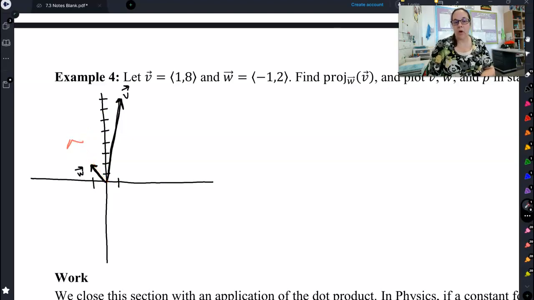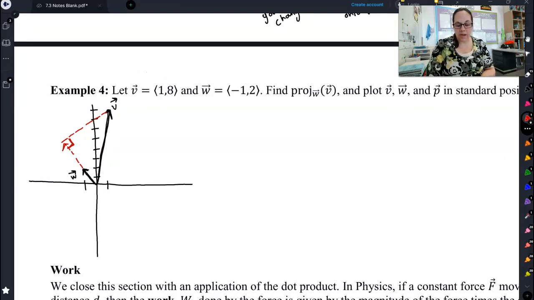So we need to, hopefully in this equation, multiply w by a scalar, by a number that's going to make w longer. And hopefully in making it longer, we'll get that right triangle.